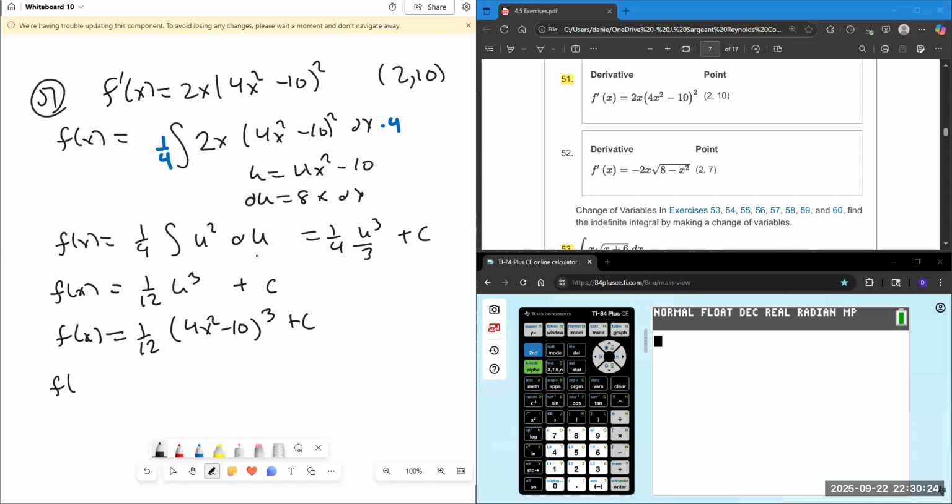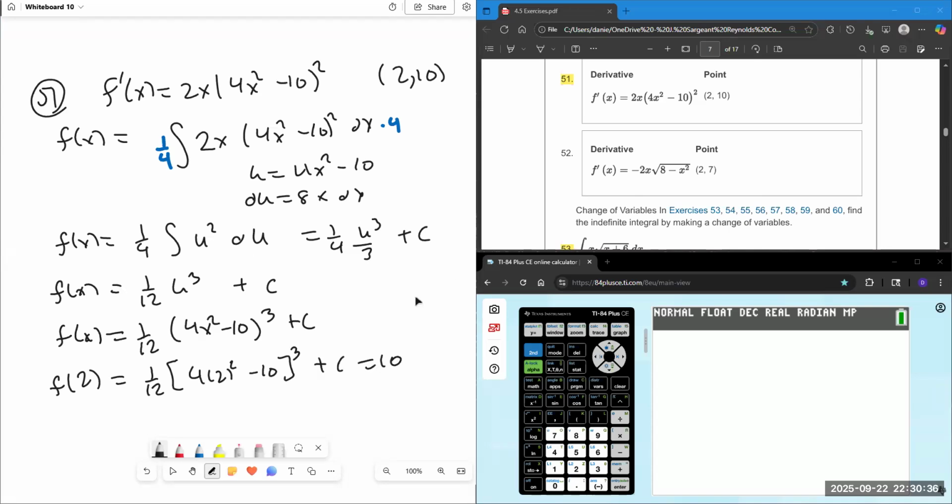So f of 2 is 1/12 of (4 times 2 squared minus 10) raised to the third plus c, and that needs to be equal to 10.